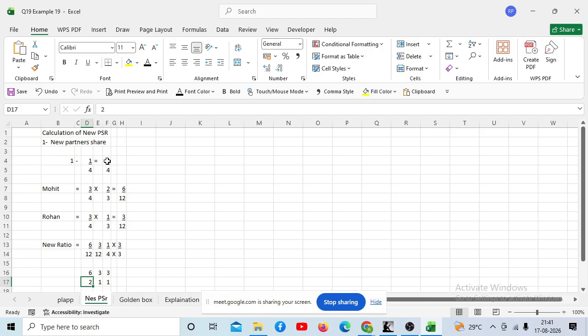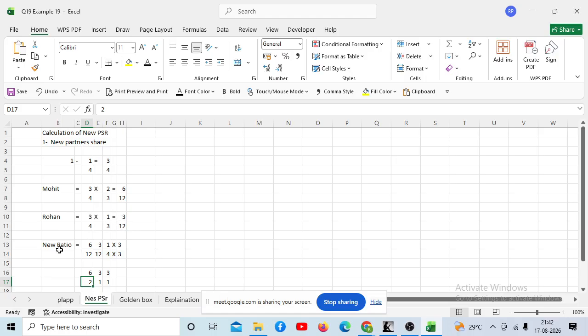This 3/4 roti will be shared by the old partners in their old ratio. So 3/4 into Mohit's old ratio of 2 upon 3 becomes 6 upon 12. Here you don't have to cut anything. Even though this 3 and 3 we can cut, don't cut it. Keep the denominators equal, right? Similarly, Rohan will also get his share from this 3/4 roti only. From 3/4 he will get 1 upon 3, so it becomes 3 upon 12.